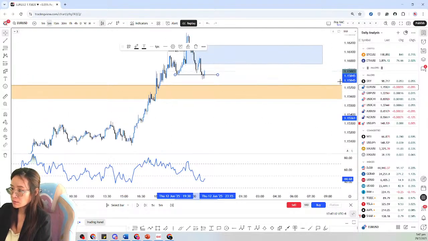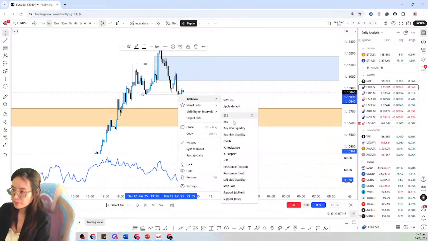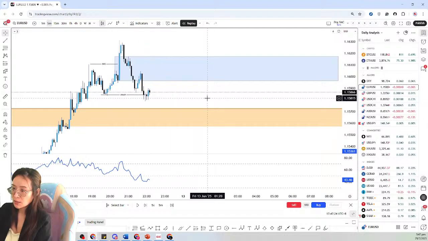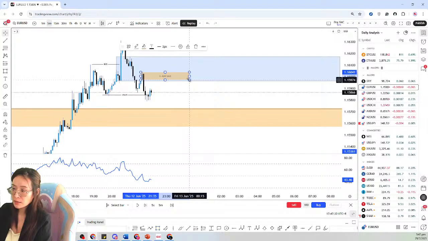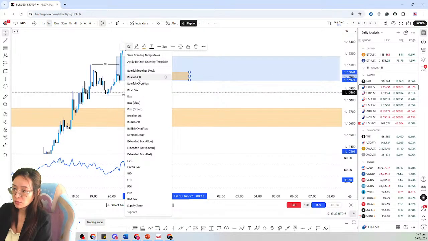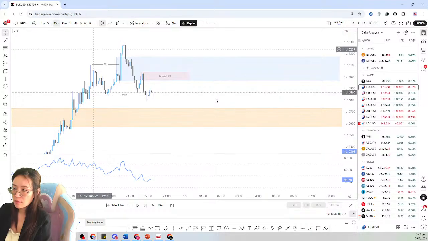Now, what do you see? Price has already made a change of character right here in the lower time frame. Okay, this is my change of character. Okay, and in the M5, this is my bearish OB, right? I'll go to M15.